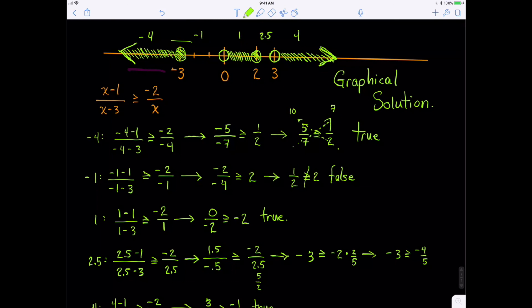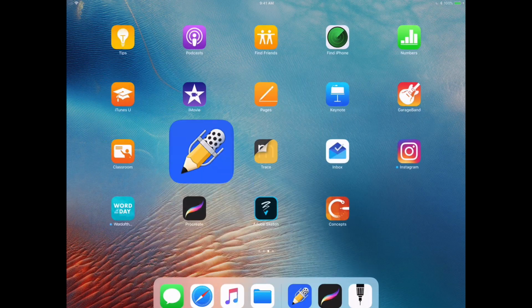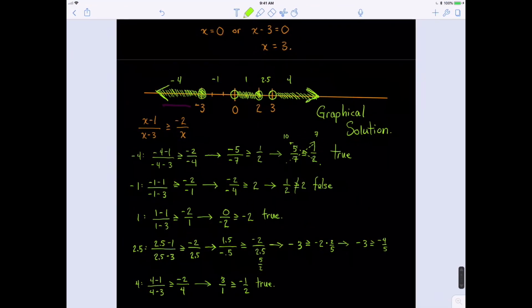Sorry, my piece just froze up. Okay, so we have our solid dot, and so then what we can do is, let's pause right there.